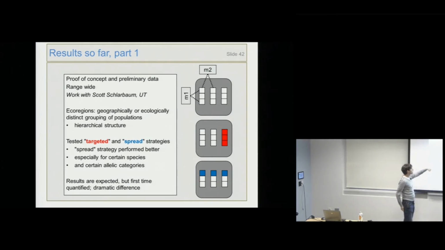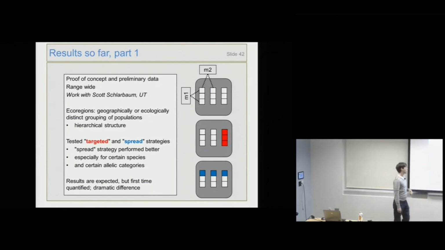So in my proposal, and since being accepted, I've worked on this simple model of what you might call ecoregions, or what population geneticists call hierarchical population structure. That's where we have a given range. Each white box is a population. The populations within a region are better connected, with higher migration rates, than those between regions.